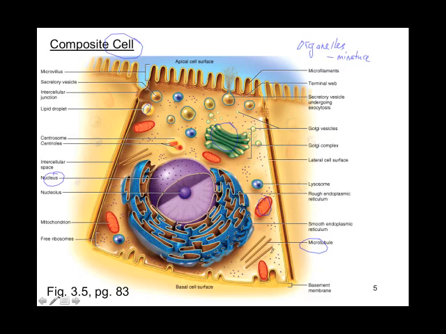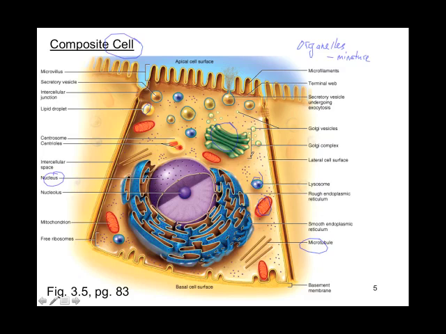The mitochondria are membrane bound. Lysosomes are membrane bound. And then we have things that are not membrane bound, that are essentially just macromolecules found within the cytosol. Those include these ribosomes here, these little dots. They also include the microtubules, even though they're part of the skeleton. And there are a few others, like centrosomes, and the centrioles would also be non-membrane bound organelles.